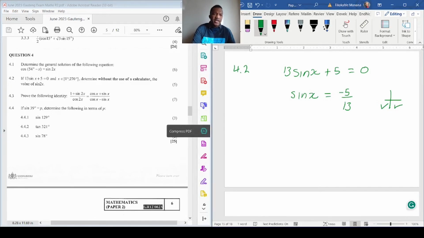But remember, they told us that x is between 0 and 270. So we know it's 270 down there. So between 0, it's there, there, and there. We've got 2 ticks on this quadrant, which means our triangle should be completed on that quadrant. So we're going to do just that.